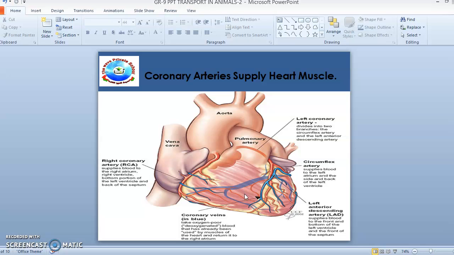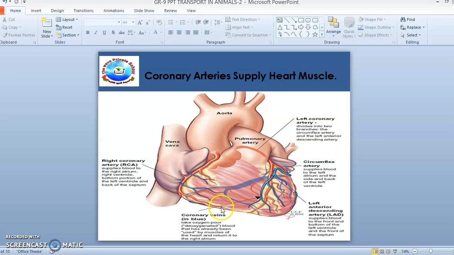The heart muscle needs a constant supply of nutrients and oxygen. So this is the reason these coronary arteries are acting as suppliers of the heart.